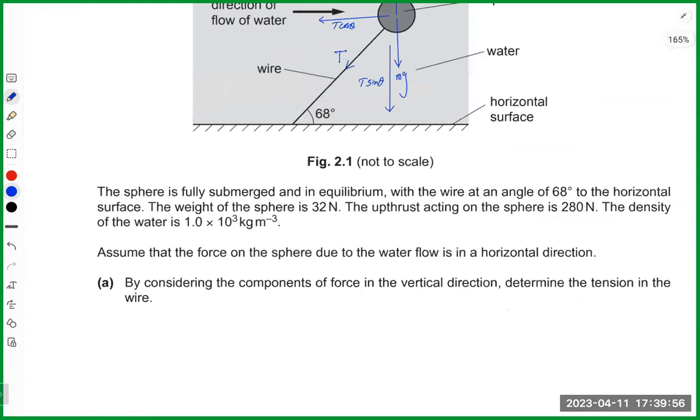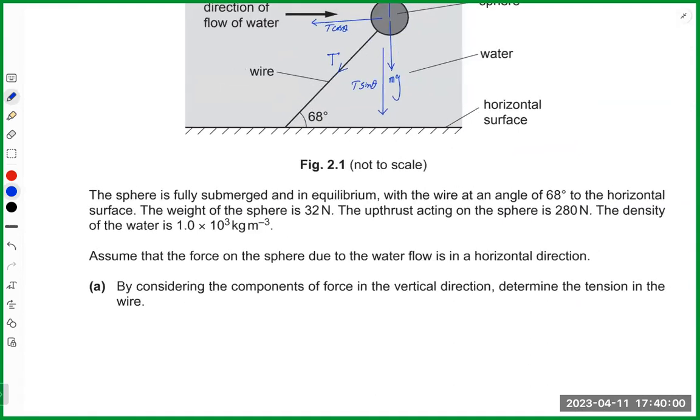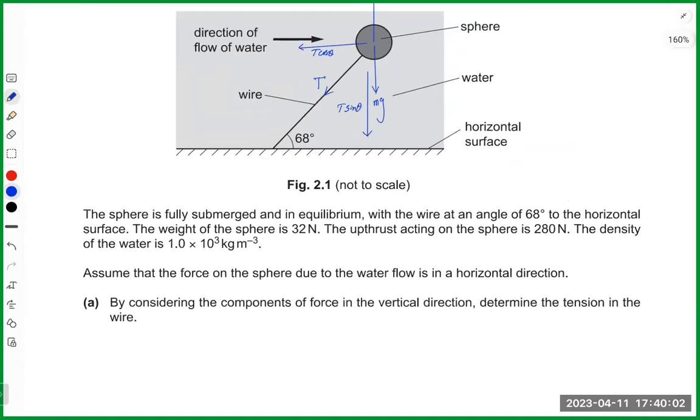By considering the component of the force in the vertical direction, determine the tension. Now, T sine 68 plus mg, which is 32, equals to, this is total downward force, weight, and the tension's vertical component.